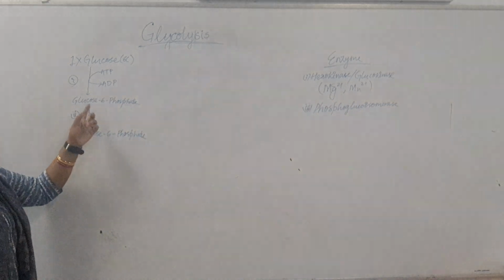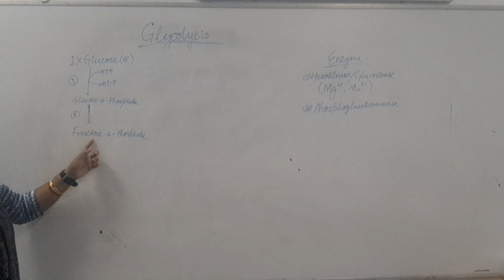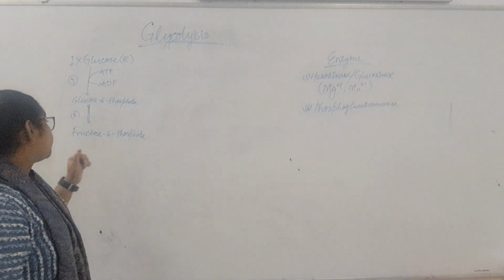It converts glucose 6-phosphate to one of its isomers, that is fructose 6-phosphate.